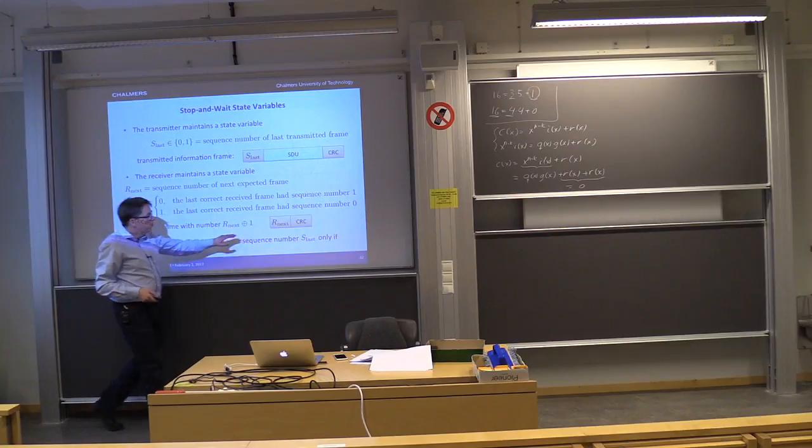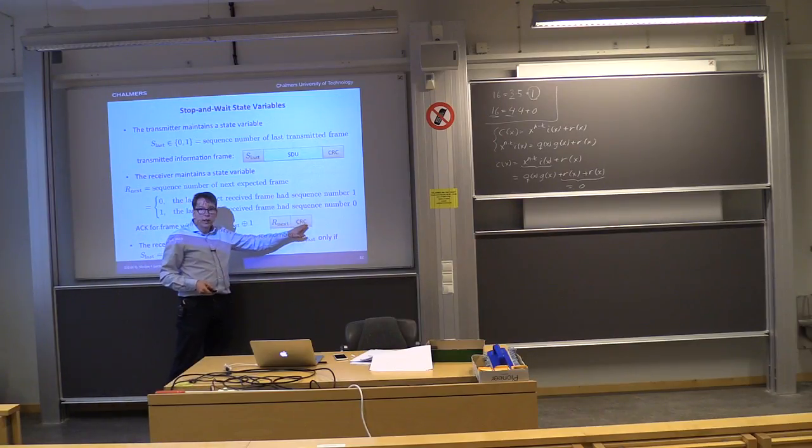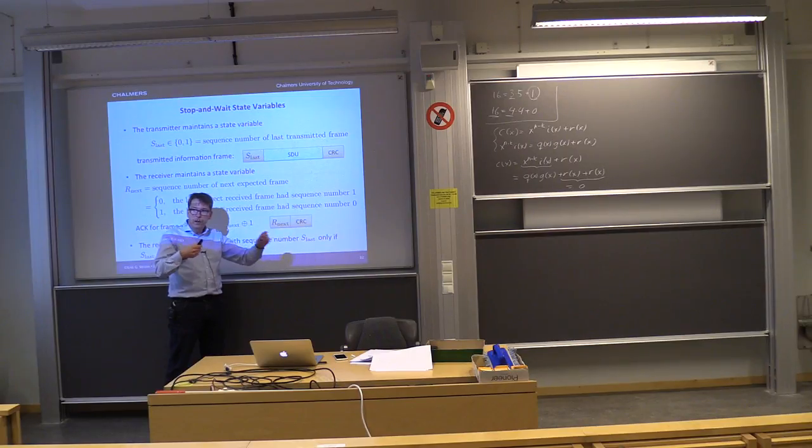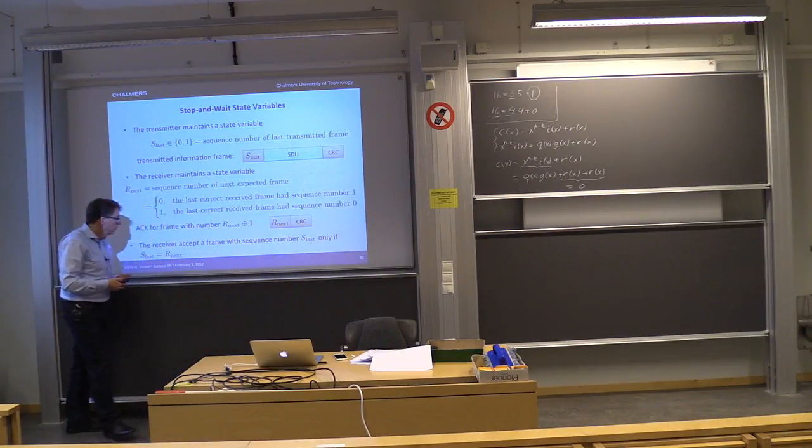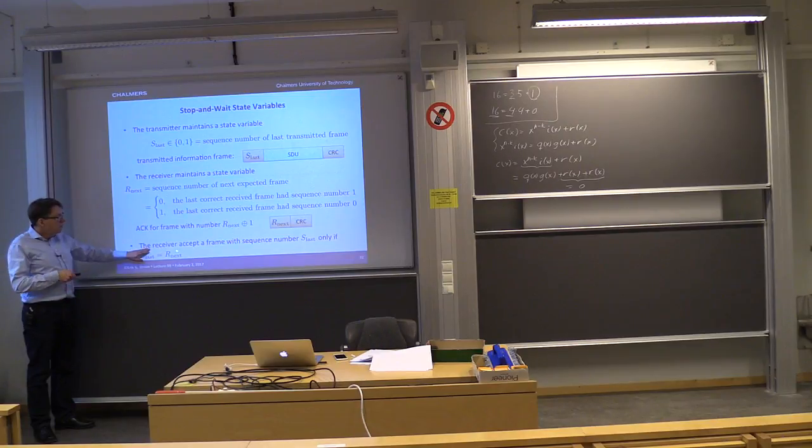The ACK frame will be R next and the CRC. So the receiver and transmitter are communicating their state variables with each other. The receiver will accept the frame with sequence number S last if and only if S last is what it expects to receive, that is, when S last is equal to R next.